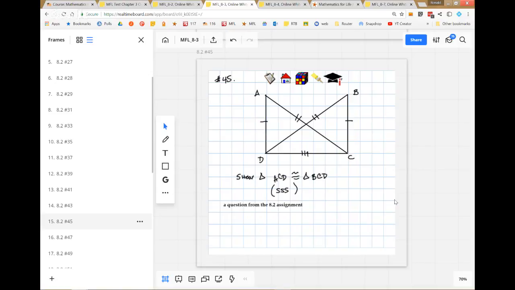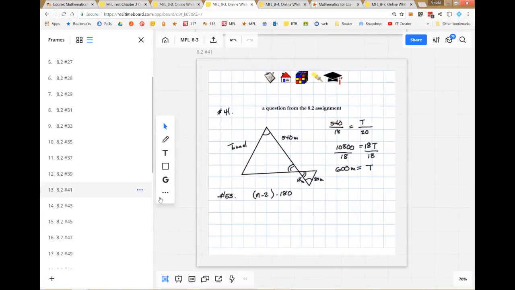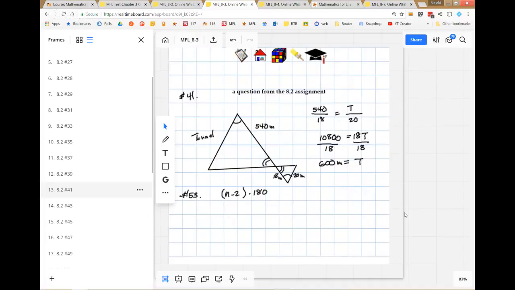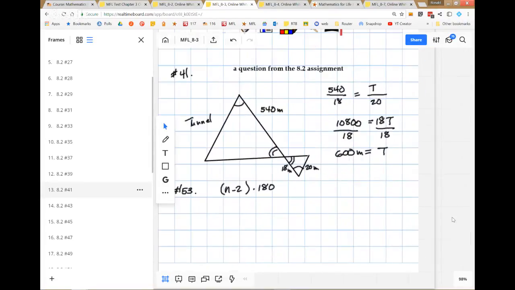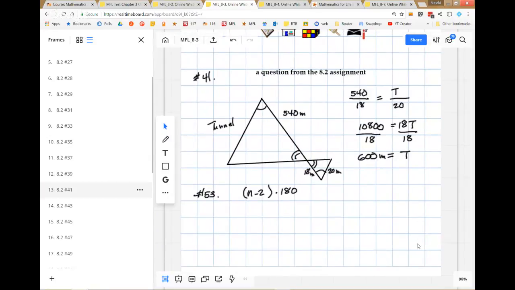Could we do 41? I think on 41, it was difficult to figure which sides go with what sides. Yeah, that's kind of a crisscross problem there. So here's the picture. It's pretty much the same picture that's in the book.